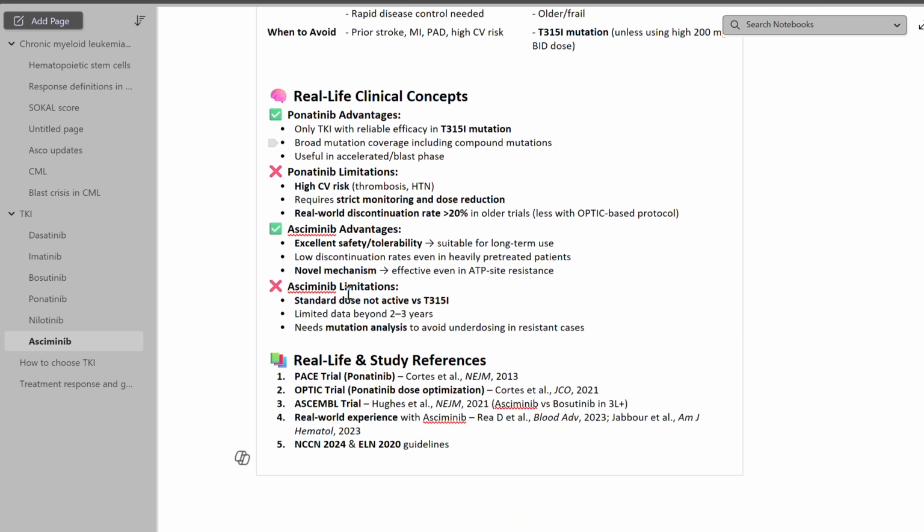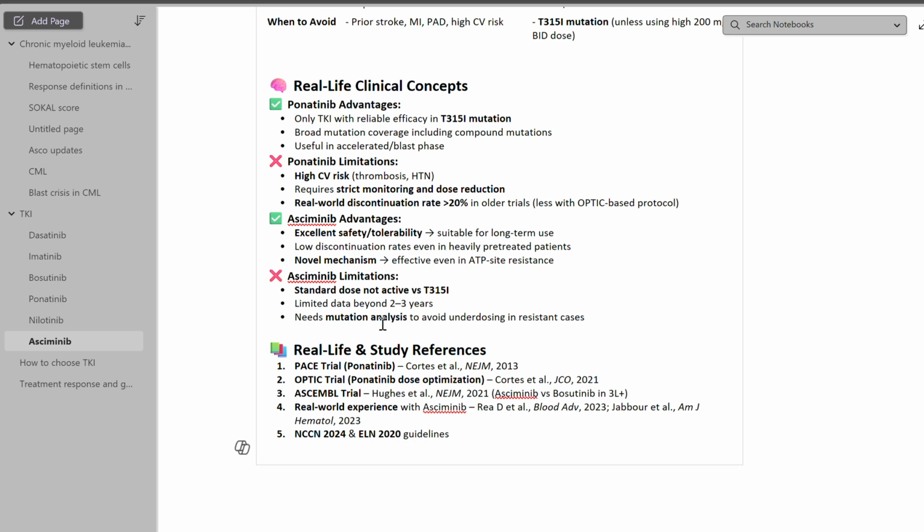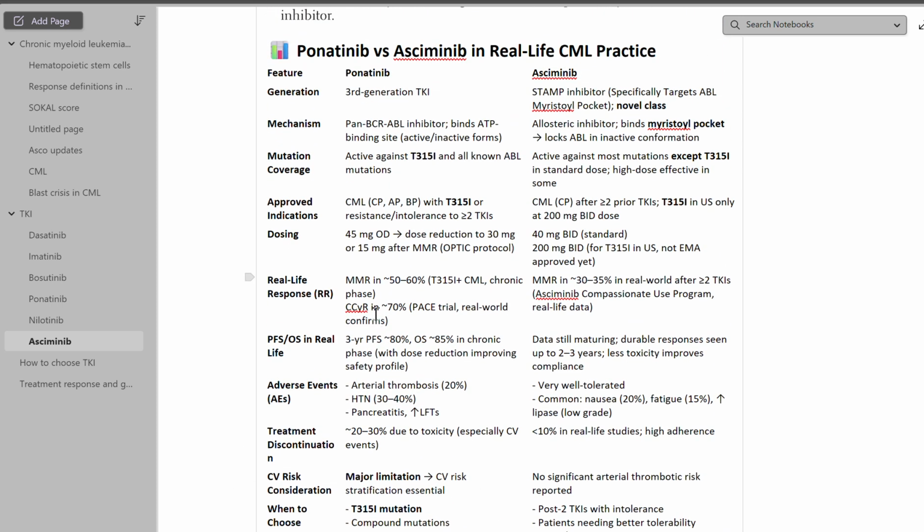Asciminib is the latest one, a STAMP inhibitor, specifically targets the ABL myristoyl pocket and does not touch the TKI site, whereas ponatinib is a pan TKI inhibitor.